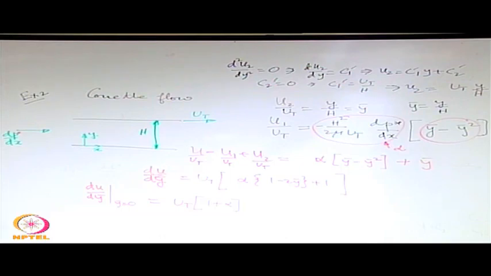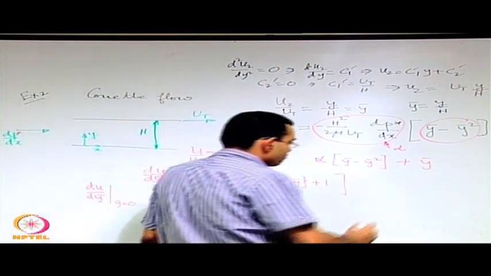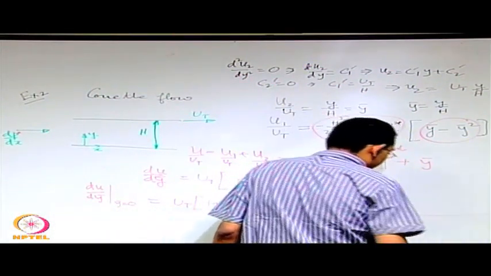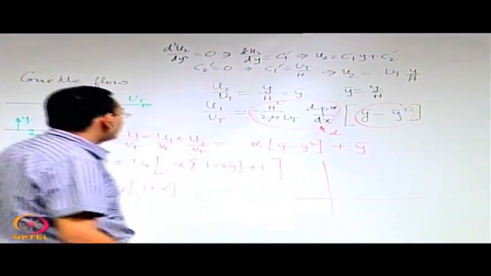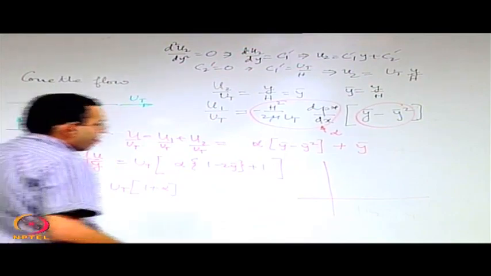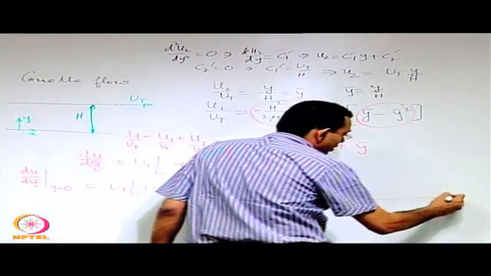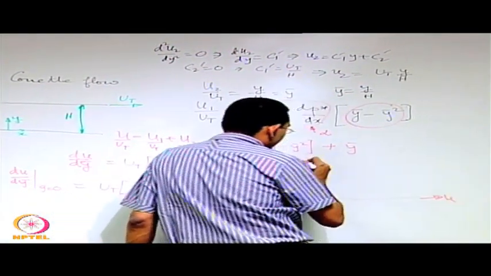So if you want to draw the velocity profile, this is the sketch where we want to draw it. So along the x axis we will plot velocity, along the y axis we will plot the y coordinate.